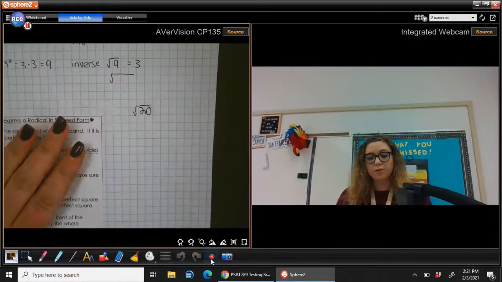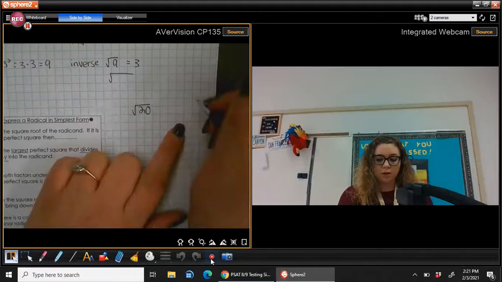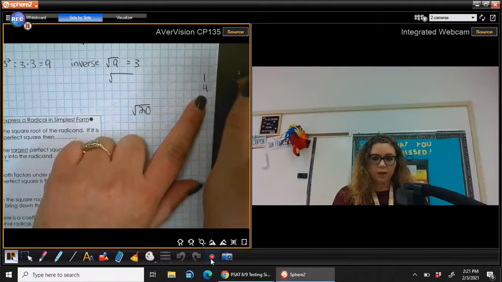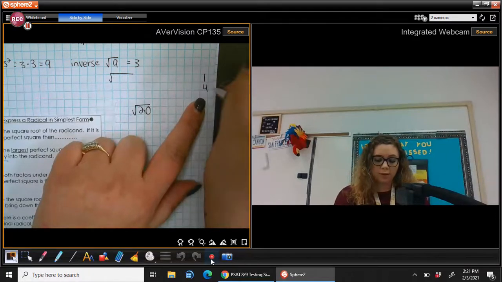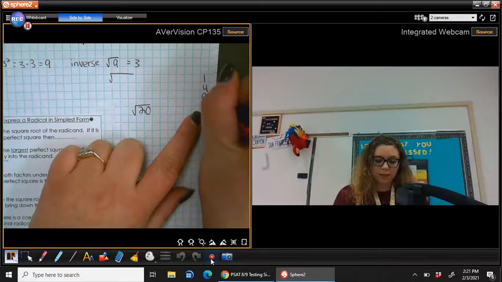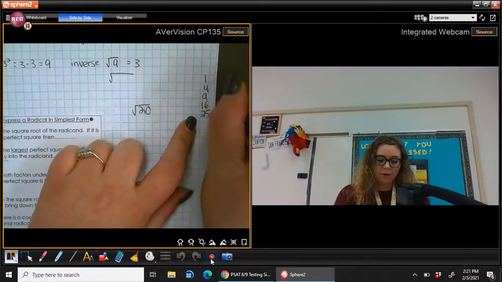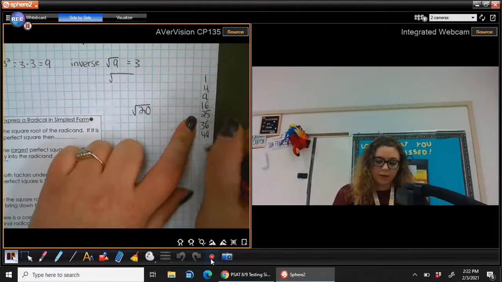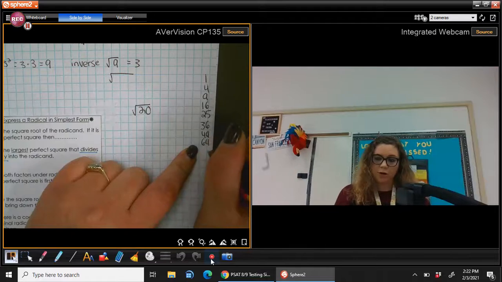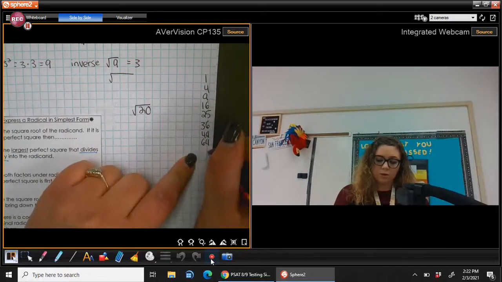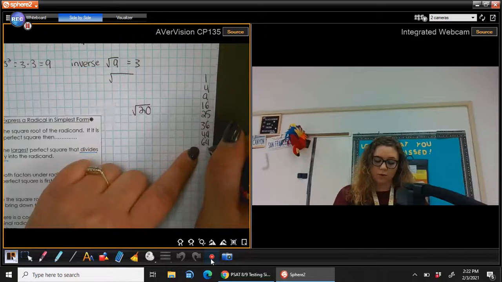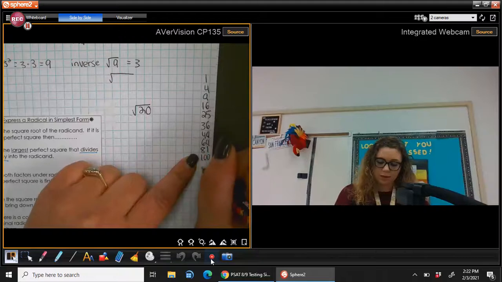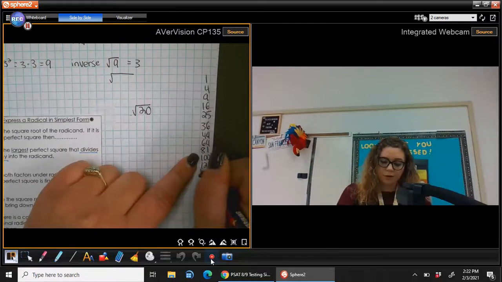Remember, perfect squares are whole numbers times itself. So 1 times 1 is 1. 2 times 2 is 4. 3 times 3 is 9. 4 times 4 is 16. 5 times 5 is 25. 6 times 6 is 36. 7 times 7 is 49. 8 times 8 is 64. 9 times 9 is 81, 10 times 10 is 100, 11 times 11 is 121, 12 times 12 is 144.